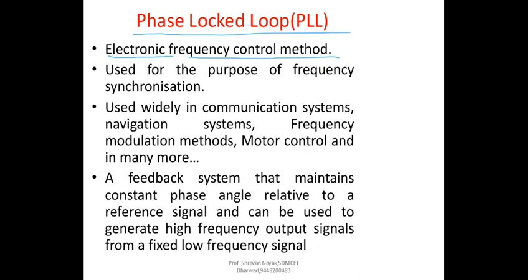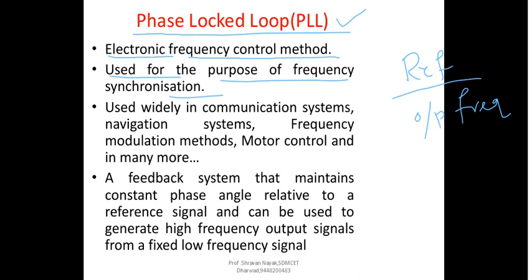As you can see here, it is used for the purpose of frequency synchronization. You have a certain reference frequency. You have some output frequency here which has the tendency to deviate, but this circuit makes it confined to a certain range of frequency, which is considered here as the reference frequency.